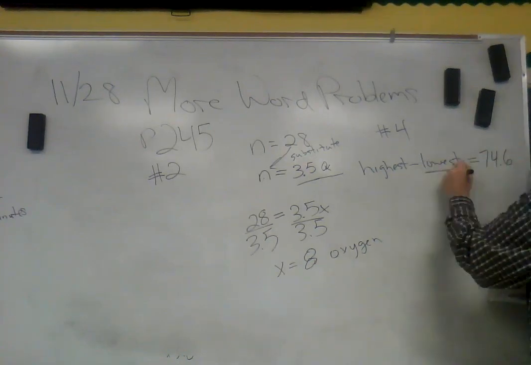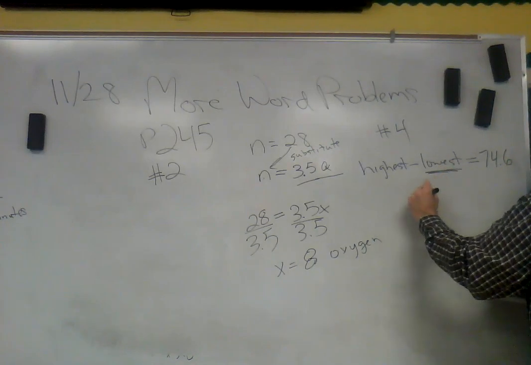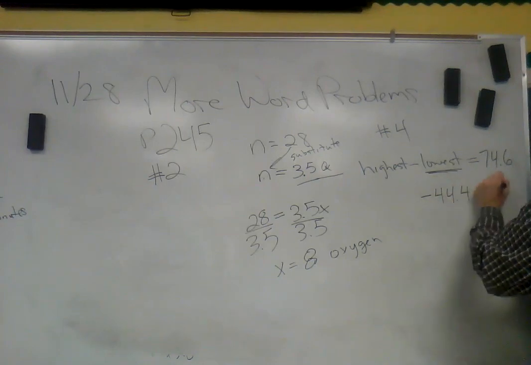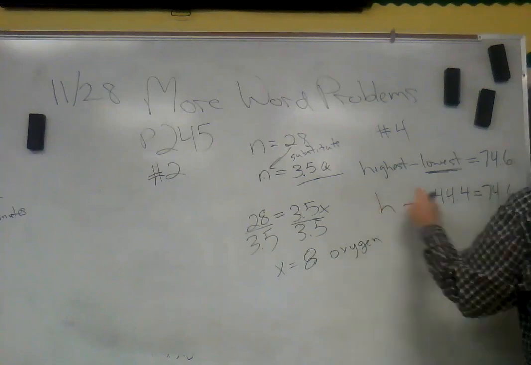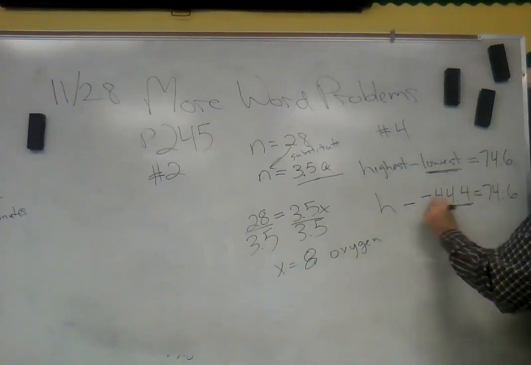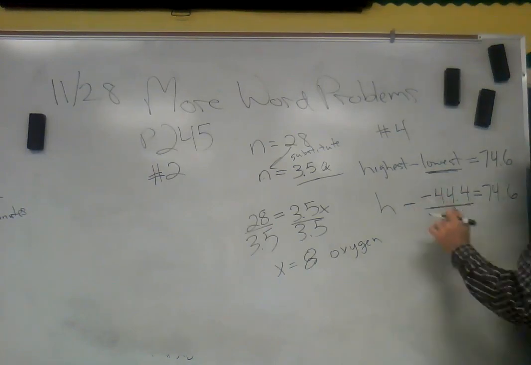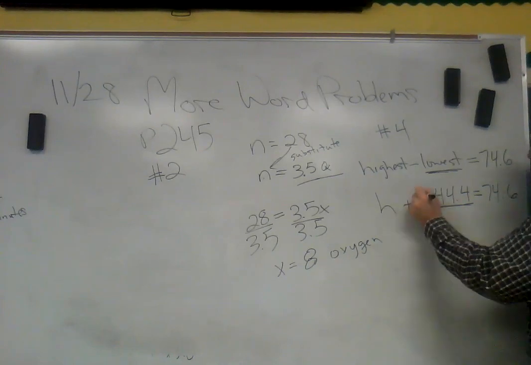What other information did they give us? So they gave us the lowest, so we can substitute negative 44.4. So we have the highest, we're going to say that's H, minus the lowest. Here's our lowest, negative 44.4. We have a negative and a negative. What happens to those two? They both become positive.